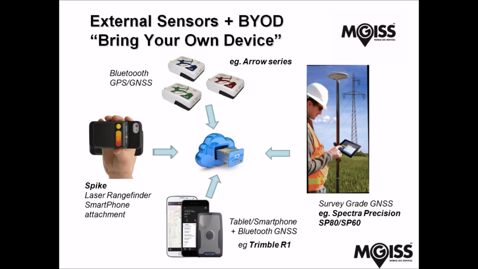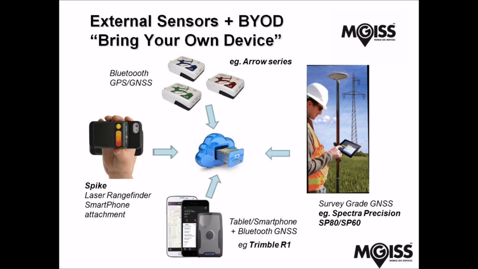And again, just focusing on something which is more product specific. So if you're then looking at data capture, but you're wanting to use an already existing hardware platform, then you can look at some of the available GNSS or GPS sensors, which are very much plug and play and scalable.